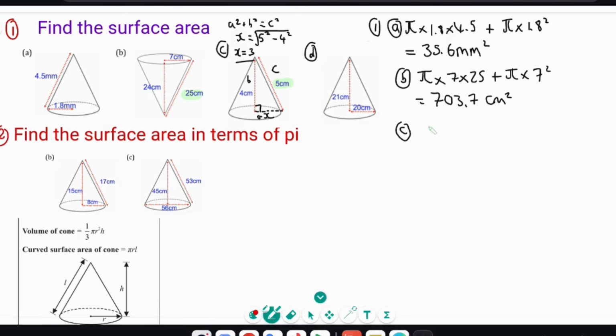So pi times radius times L, add pi times r squared. Type that all into your calculator. 66.0 to 1dp.